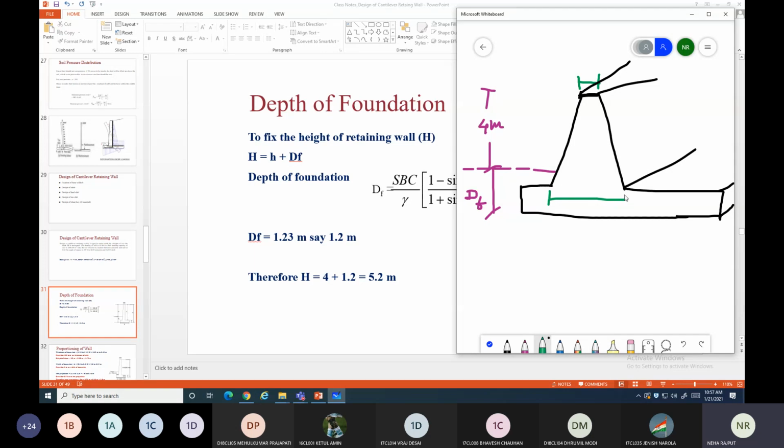So that is the second parameter that you are going to find. Then stem के लिए third क्या find करोगे, what is the height of the stem. तो आप height of the stem भी find करोगे, proportionate करोगे, right? So this is about the stem dimension, top width, bottom width and the height. तो वो आप डिसाइड करोगे.